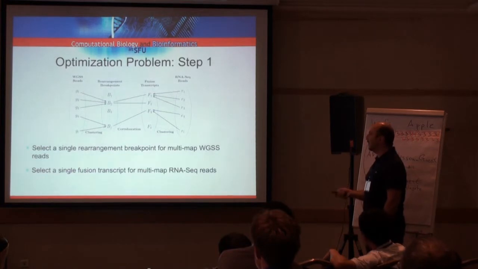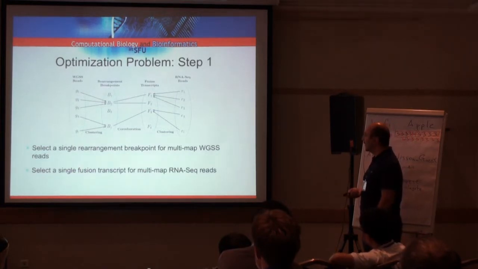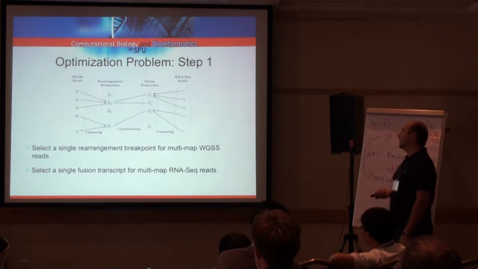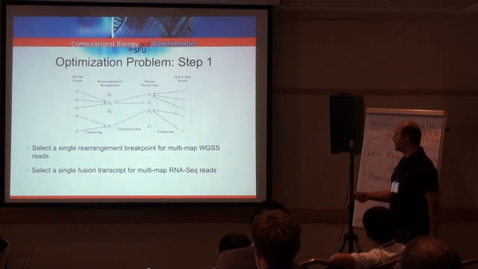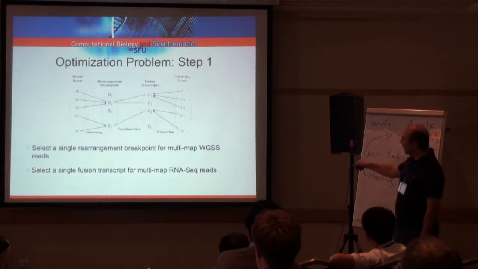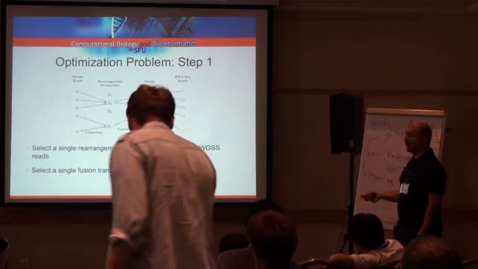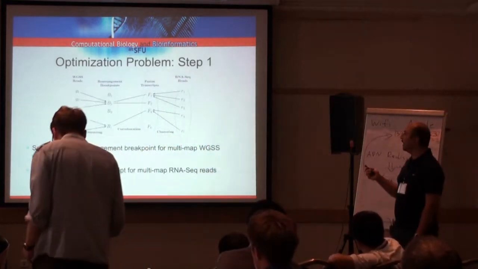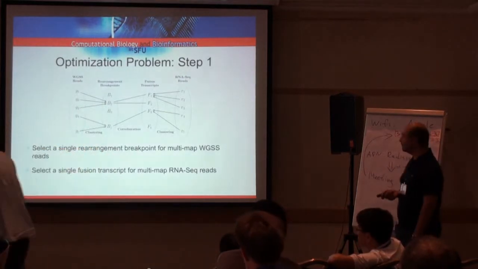So I'm not going to get into the depths of this combinatorial optimization problem. The main message here, I guess, is that to corroborate these two types of events, we need better ways, better mathematical definitions.